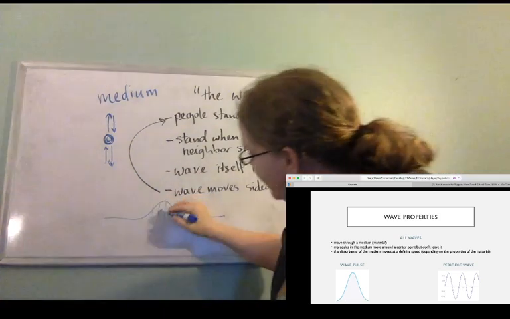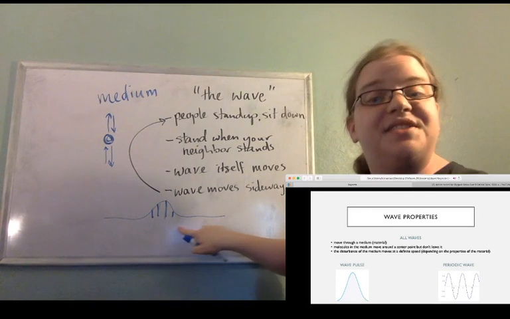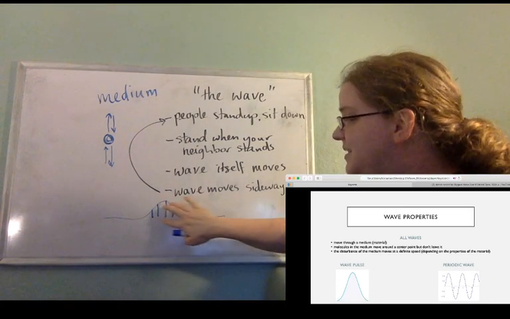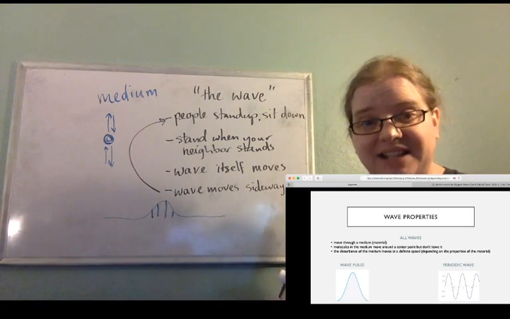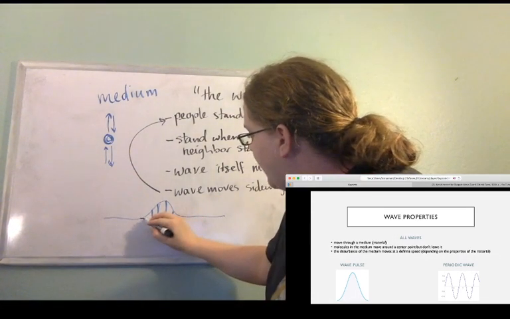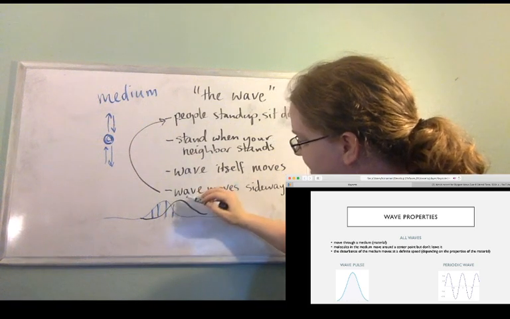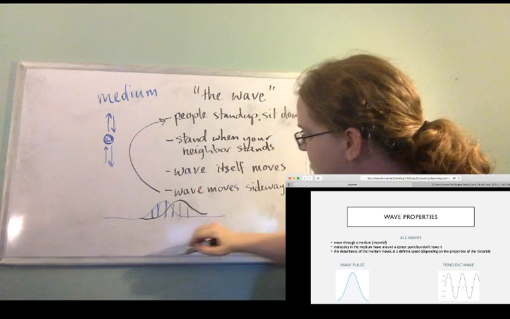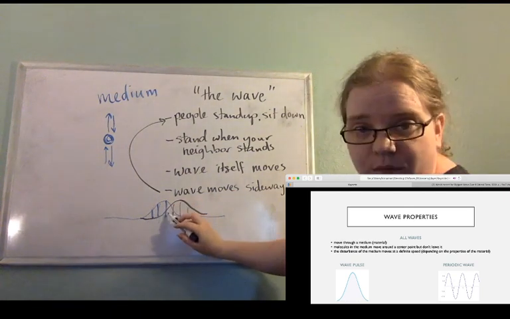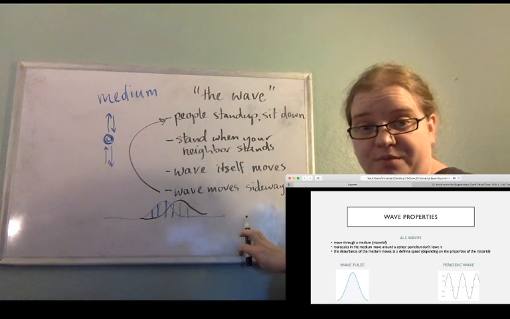And so this part of the standing up, sitting back, this is the pulse, okay? And this piece shifts. The next moment in time, maybe it's more like this, where this person finishes standing up and this person is standing, but these people have already sat down. So this pulse itself is going to move.